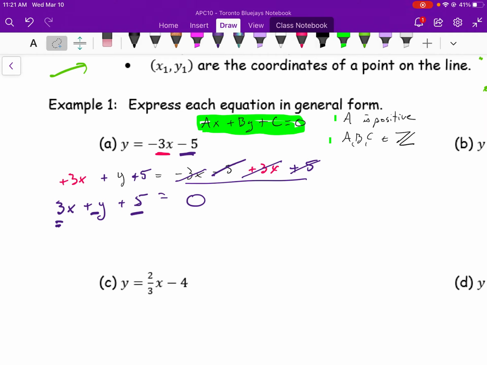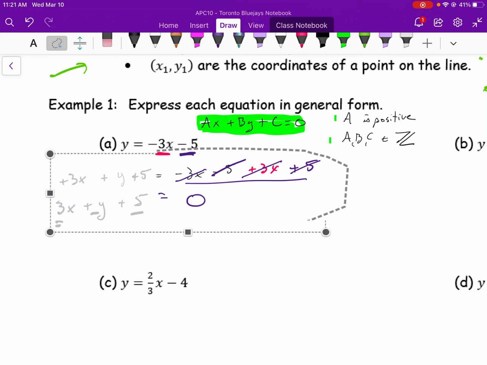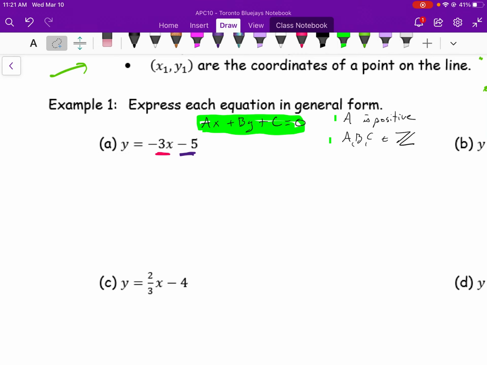So I'm just going to take another look at that. And really, I'm going to use a more algebra-friendly way to do this. If I have this equation, y is equal to negative 3x minus 5, if I add 3x to both sides, this is canceled out.